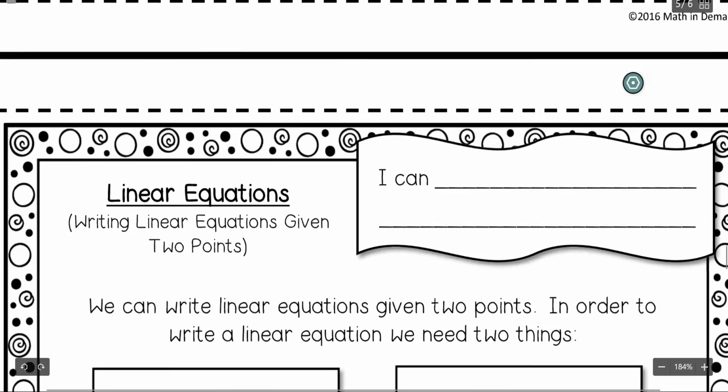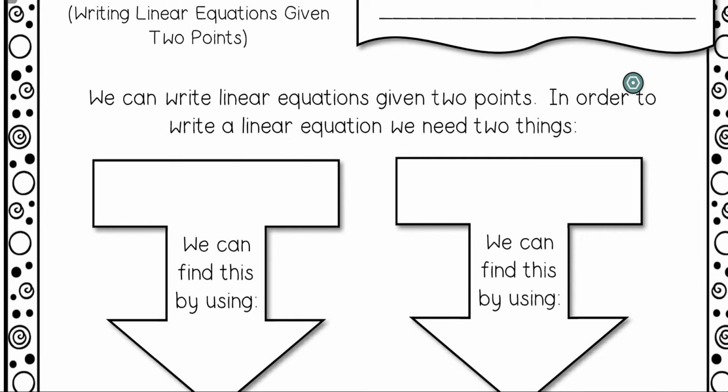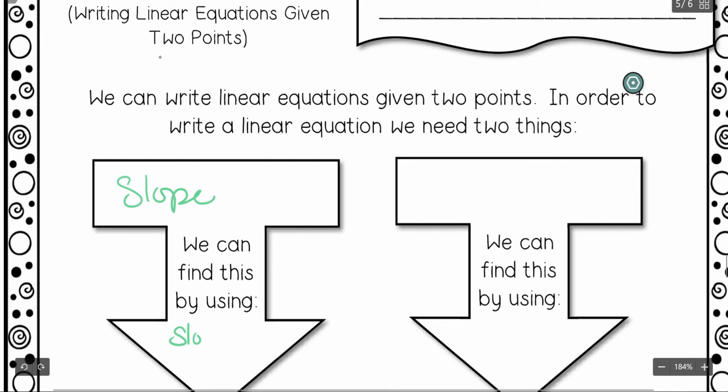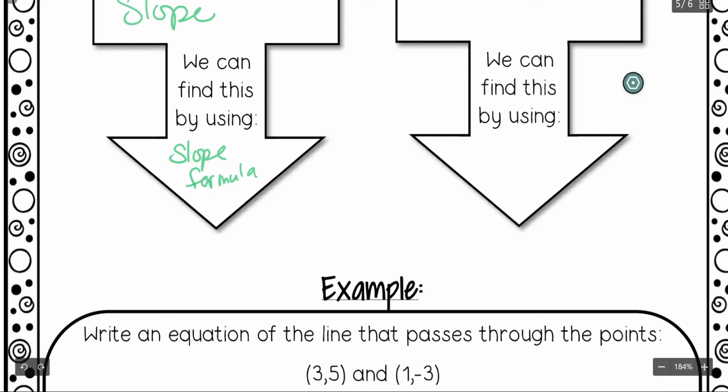Okay, go to our last one. Same thing, but now we'll be given 2 ordered pairs. One of them might be the y-intercept, one might not be. So the first thing we need to do is we need to find slope. Again, we can use the slope formula, which we know is m is equal to y2 minus y1 over x2 minus x1.